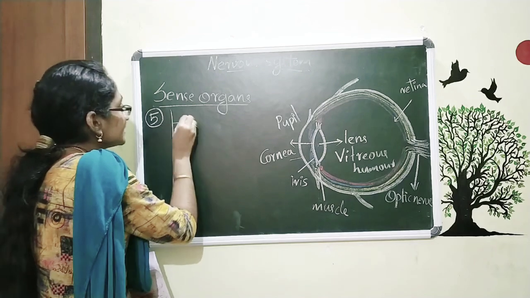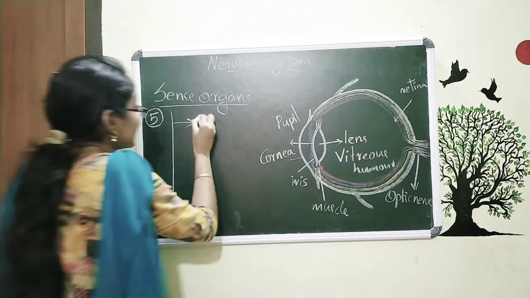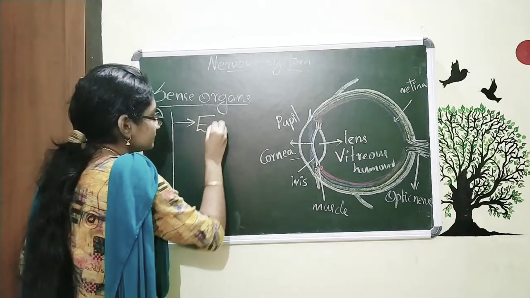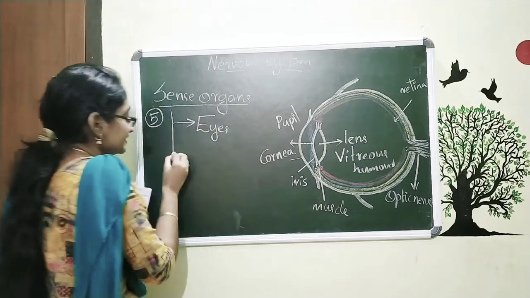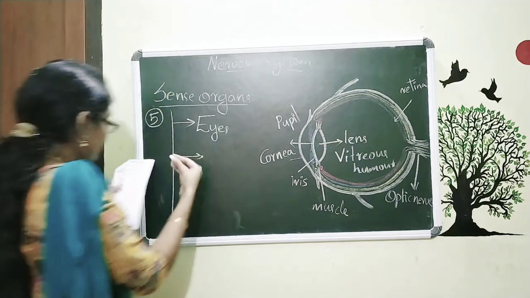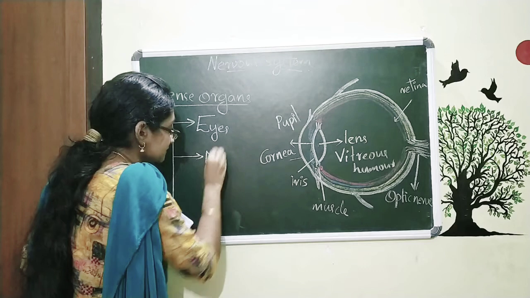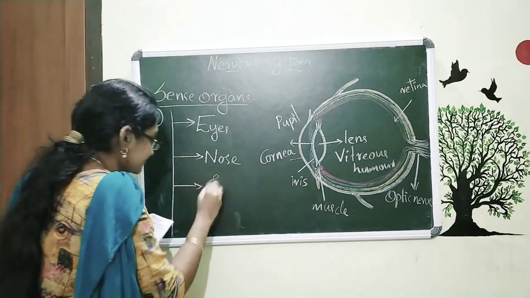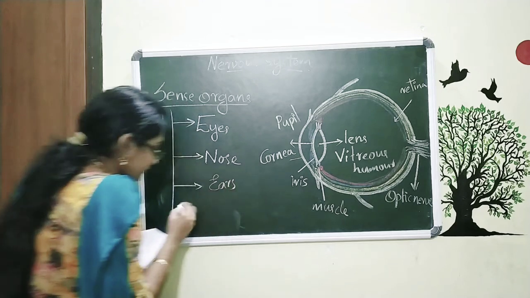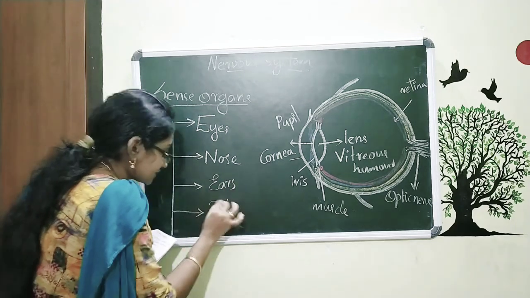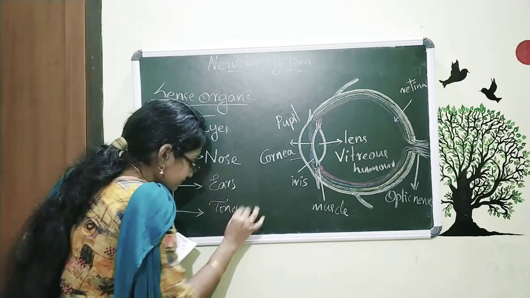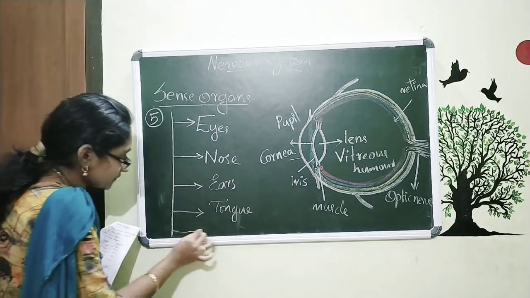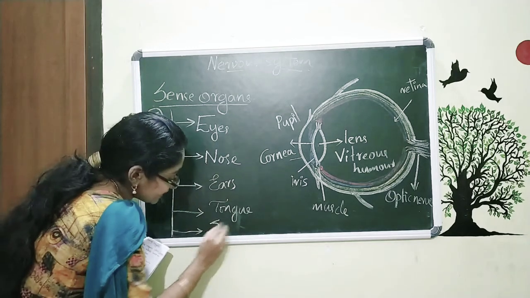The first one is our eyes. The second one is our nose. The third one is our ears. The fourth one is tongue. And the fifth one is skin.